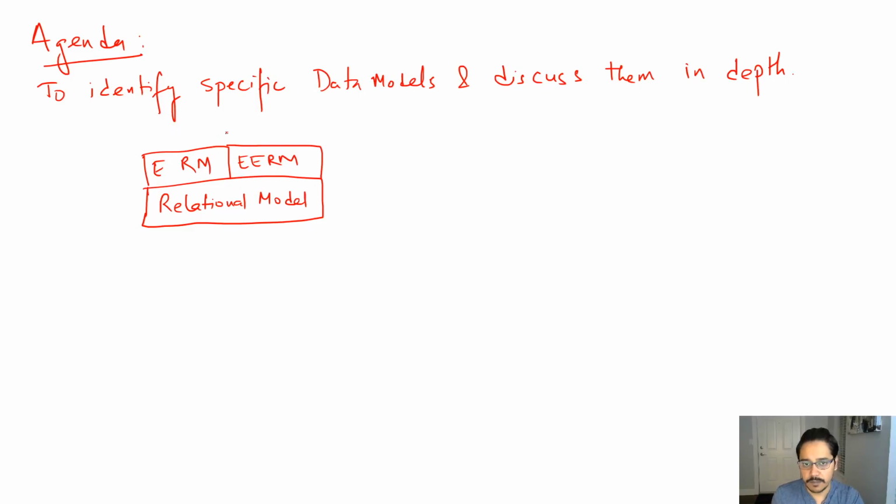And then we will supplement this whole design process with the techniques of normalization in order to make sure that the final design that we have generated by using these three data models is as robust as possible. So in the upcoming few lecture videos and the next 2 or 3 weeks, this is the overall agenda of our lecture videos, right?